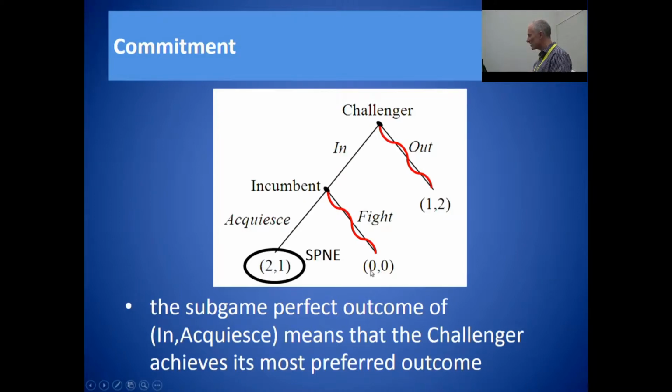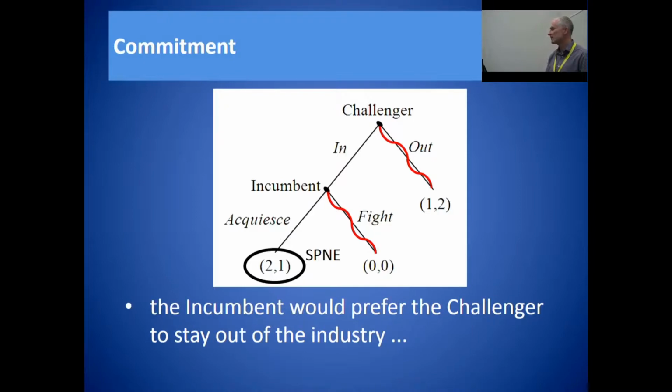If he went there, he'd get 0. Went there, he'd only get 1. So it's his most preferred outcome. So for the challenger, this is absolutely fantastic. What about the incumbent firm? Well, in that outcome, the incumbent firm gets a 1. It's not its most preferred outcome.